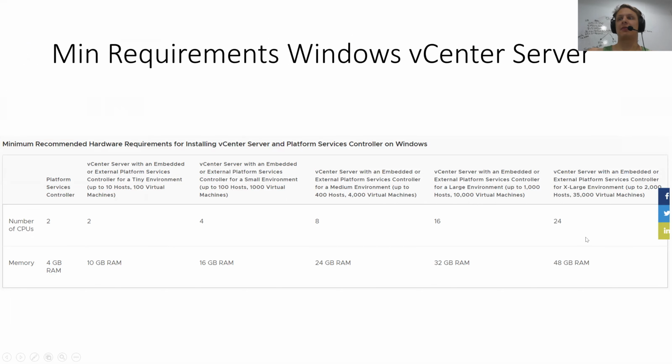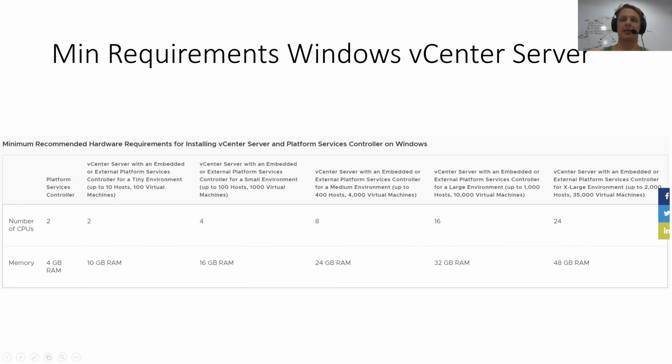So tiny is 10 physicals, and extra large is 2,000. And you can see the pattern here. 2 times 5 is 10. 4 times 4 is 16. 8 times 3 is 24. 16 times 2 is 32. And then you've got your anomaly: 24 times 2 is 48.